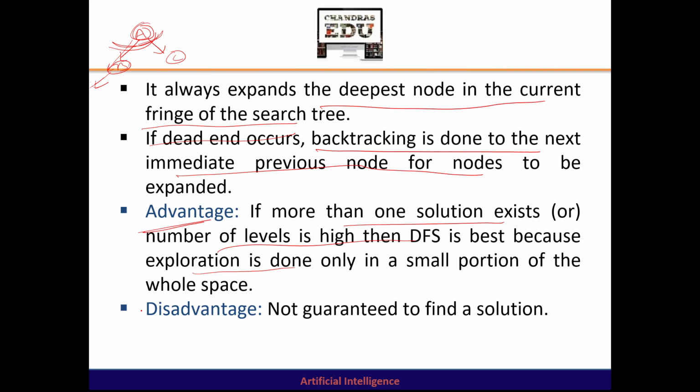Coming to the disadvantage, it is not guaranteed to find a solution. Sometimes there will be some loops and it will try to continue in that loop going very deep, and it may sometimes not return back. So a solution is not guaranteed in the DFS.